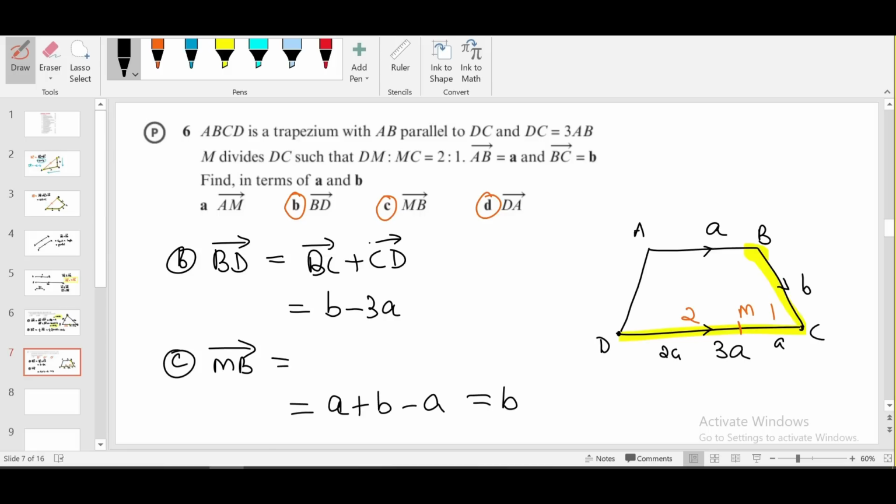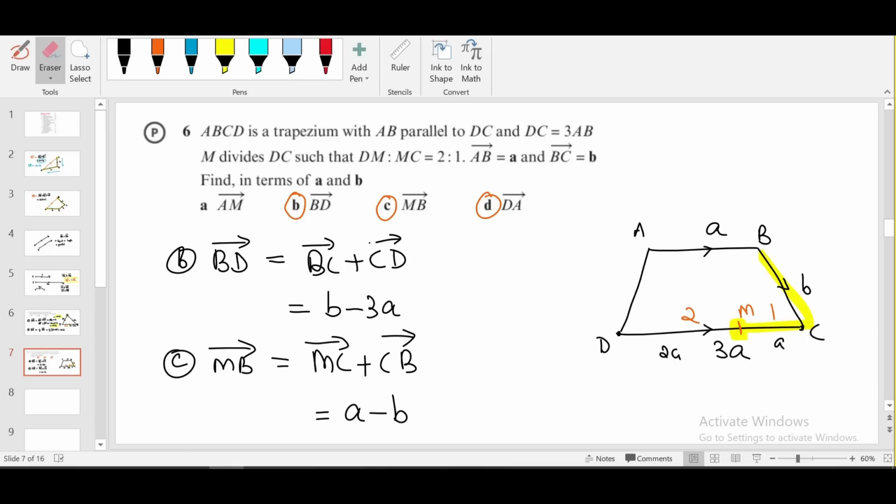MB now. You have to start from M. Reach B now. So we can just do this. MC plus CB. MC is A, not negative A, because we are going in the same direction. CB, we are going in the opposite direction, so A minus B. Have you got this correct? Yes. Okay, good.